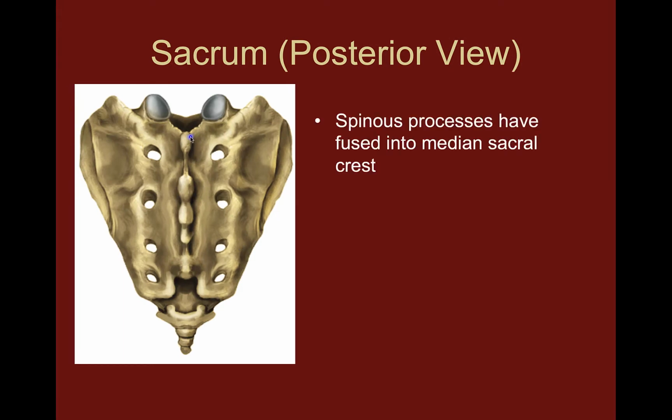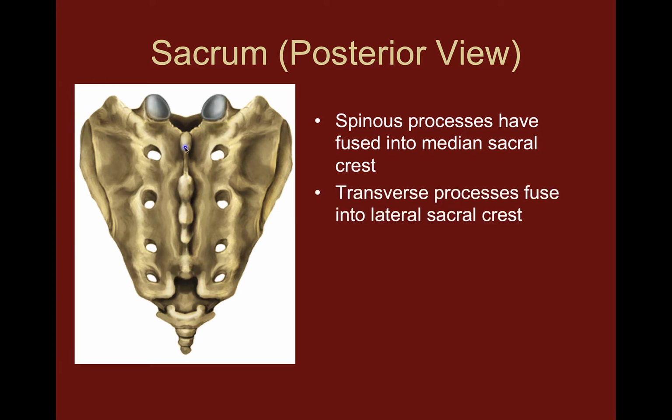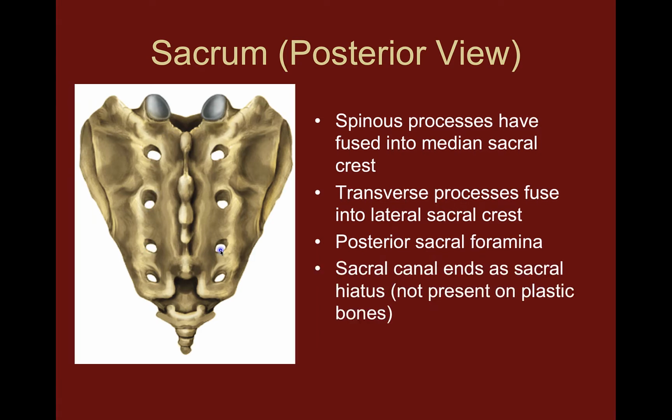Posteriorly, we see that our spinous processes have fused into this median sacral crest. The transverse processes have fused into the lateral sacral crests. We have our posterior sacral foramina here, here, here. And then we have our sacral canal that ends as that sacral hiatus.